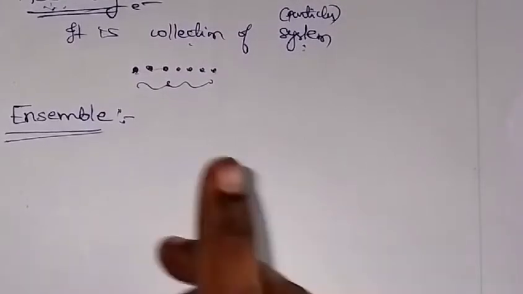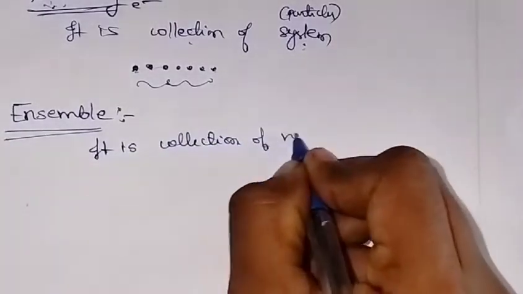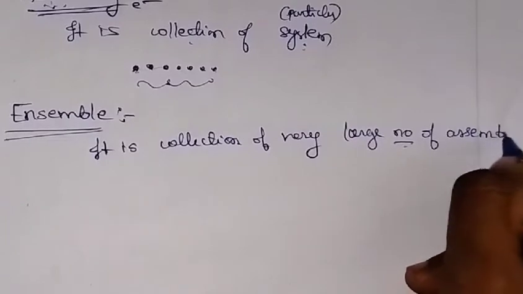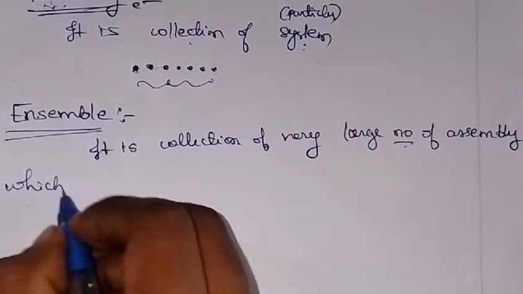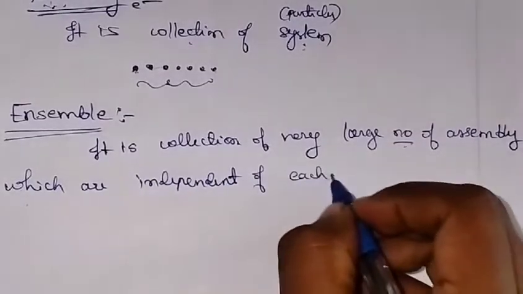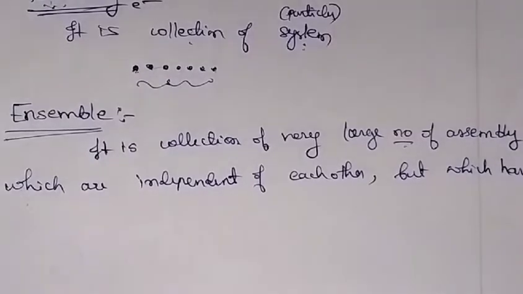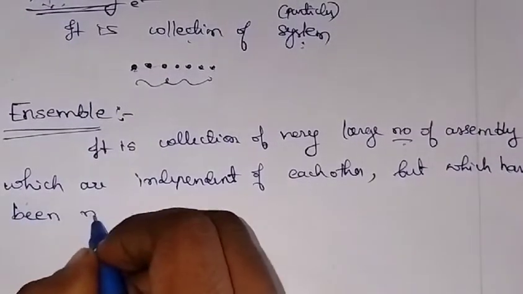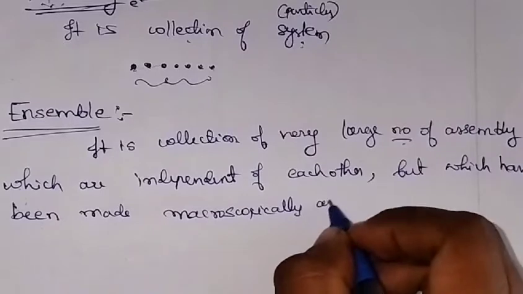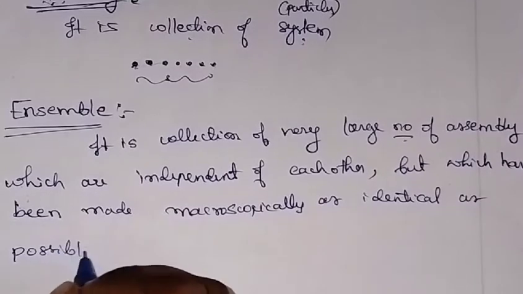It is the collection of a very large number of assemblies which are independent of each other, but which have been made macroscopically as identical as possible. This is the proper definition of ensemble.